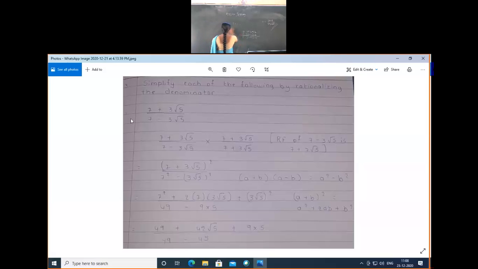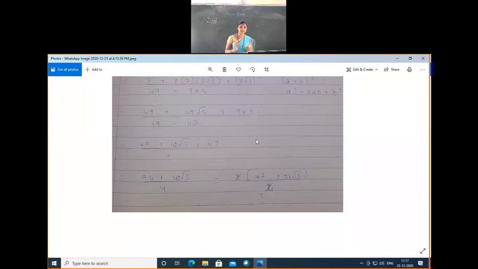You all know rationalization. If an irrational number is in the denominator, then we have to convert the irrational denominator into a rational denominator. This process of conversion is called rationalizing the denominator.